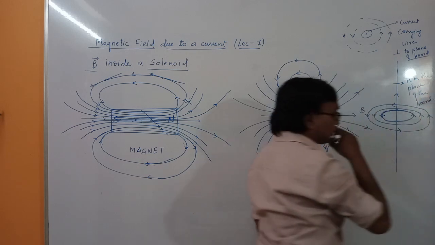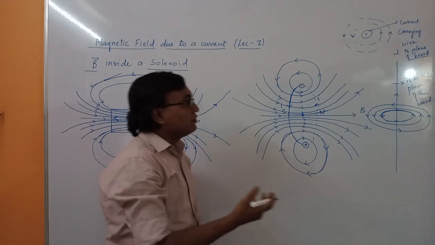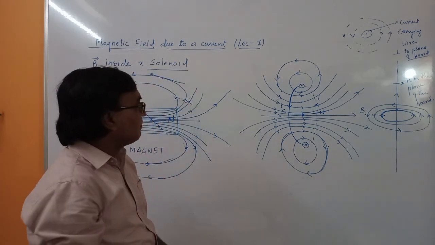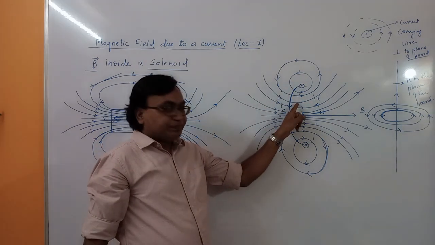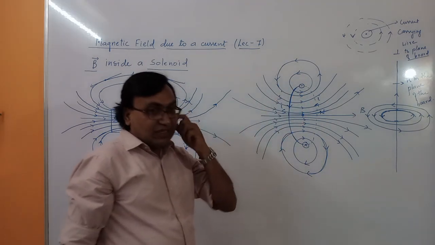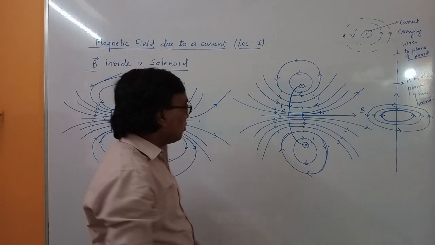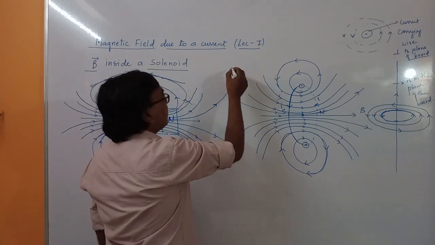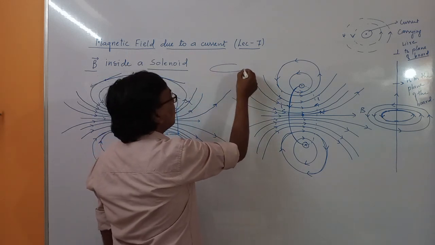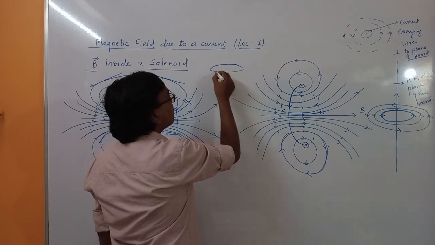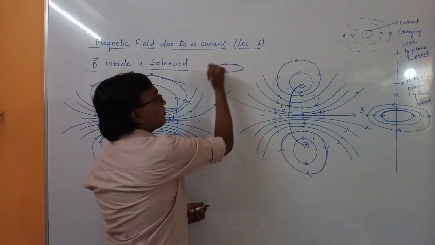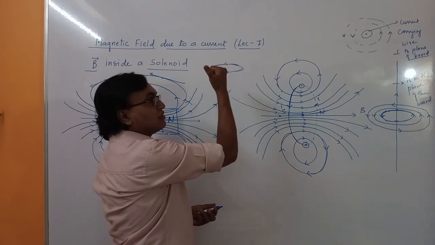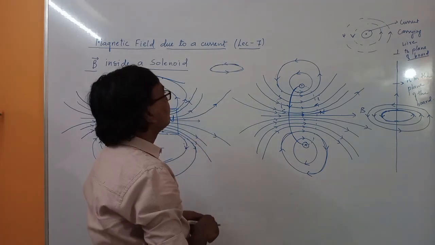So far you have enough knowledge to find the direction of the magnetic field. Here we have taken this loop perpendicular to the board. If the loop is in the board and carrying a current like this, then the magnetic field is outside the board.